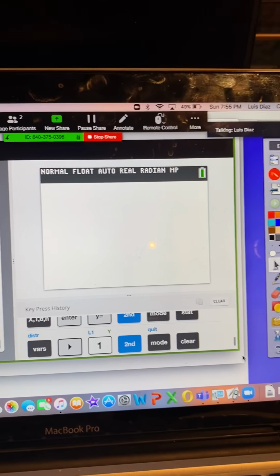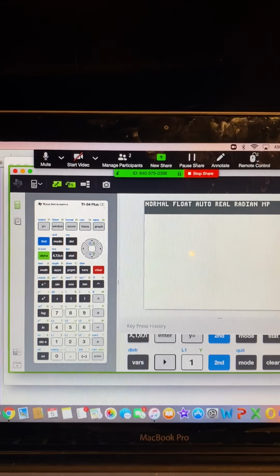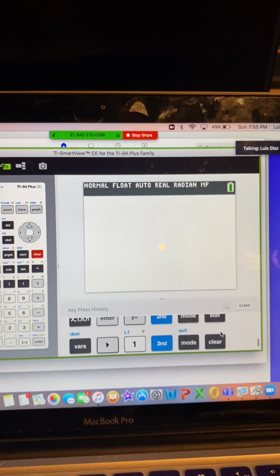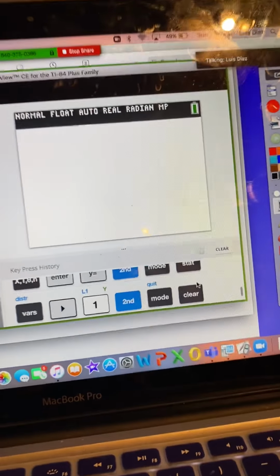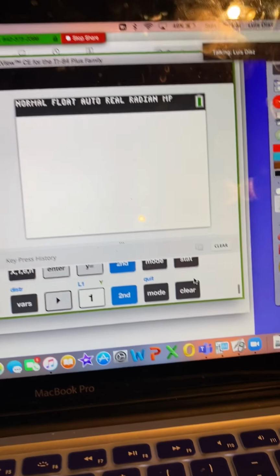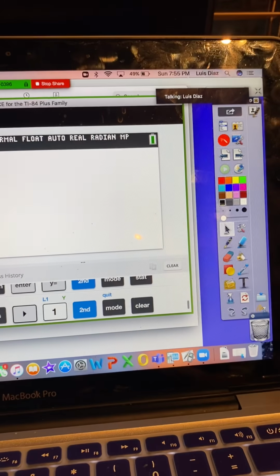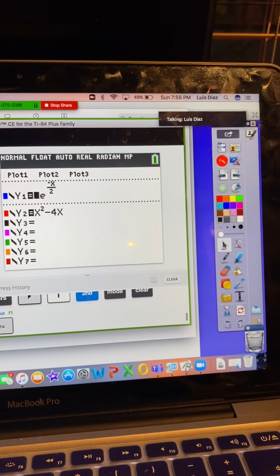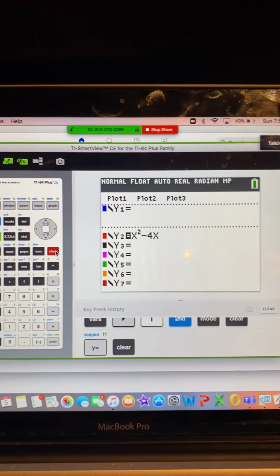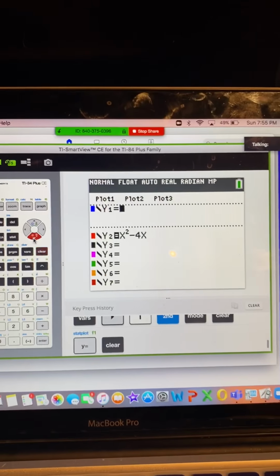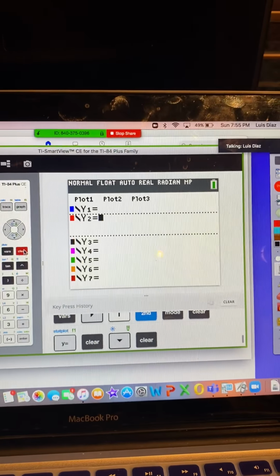Let's take a look here. If I graph the functions, it doesn't matter which one I put first. I'm going to put the first one as y equals, oh, got to clear this old one. Clear and clear.